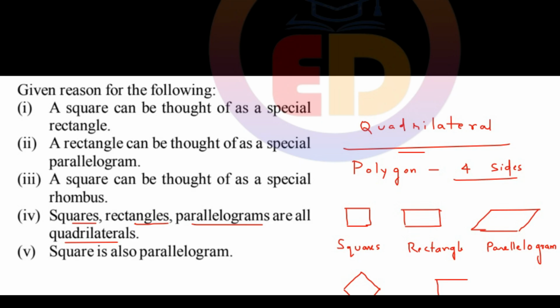A trapezium will also be a quadrilateral, and a kite will also be a quadrilateral. So all these polygons have 4 sides, so all of them will come in the category of quadrilateral. Quadrilateral means a polygon having 4 sides. Sentence number 4.